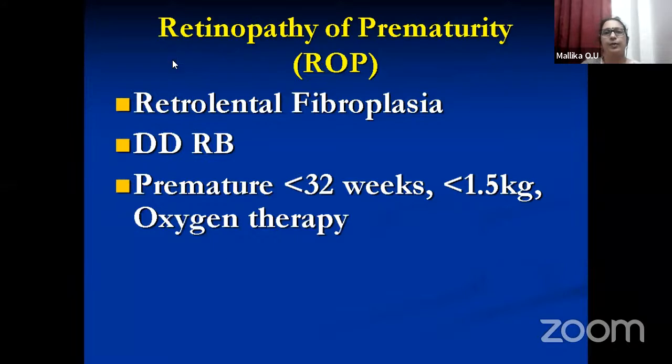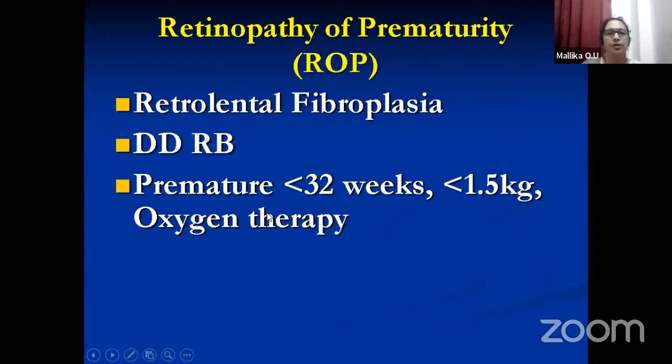So retinopathy of prematurity, initially it was called retrolental fibroplasia. In late stages of retinopathy of prematurity, the whole retina is detached and comes just behind the clear lens, and it looks like some fibrous mass just behind the lens. So that is why it is called retrolental fibroplasia. That is a differential diagnosis of retinoblastoma.